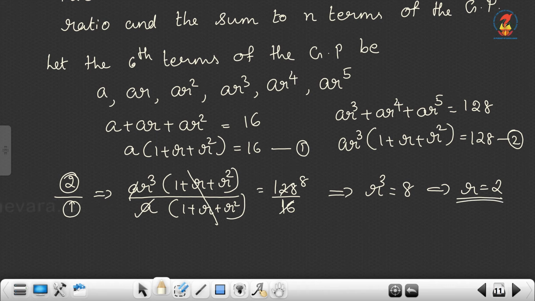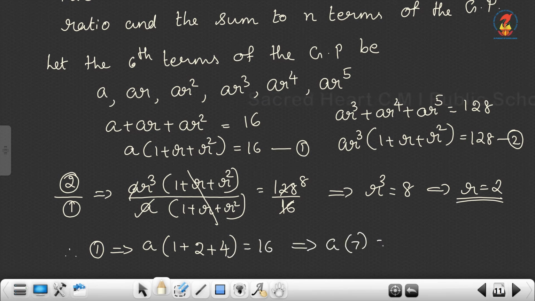So, R is 2. Now, substitute in the first equation. A into 1 + 2 + 4 is equal to 16, which implies A into 7 is equal to 16, so A is 16 by 7.